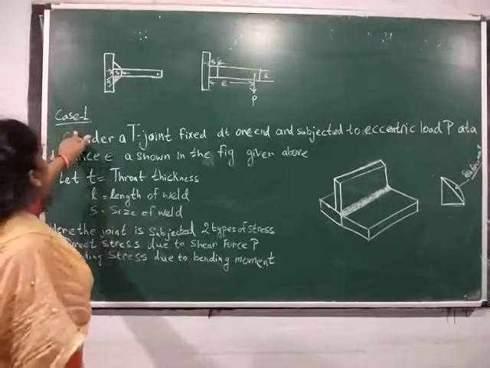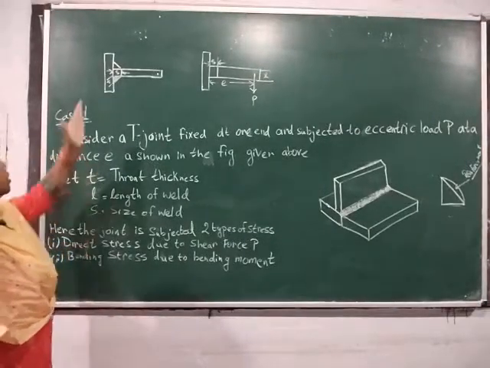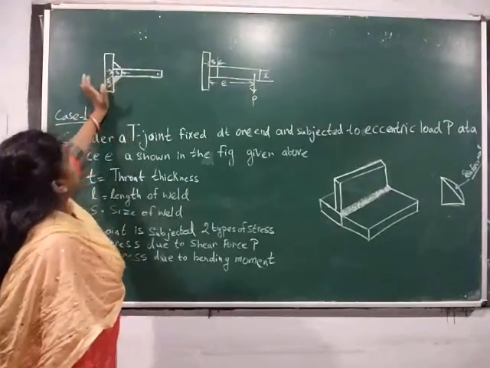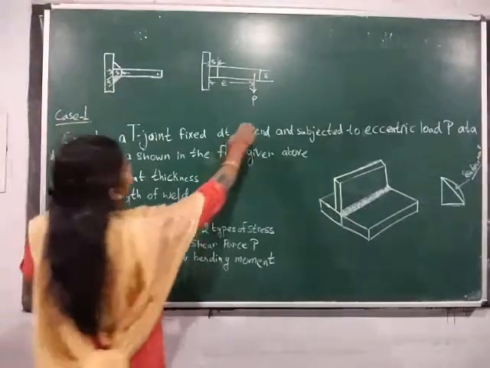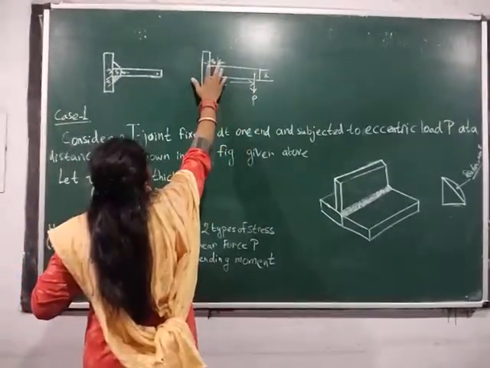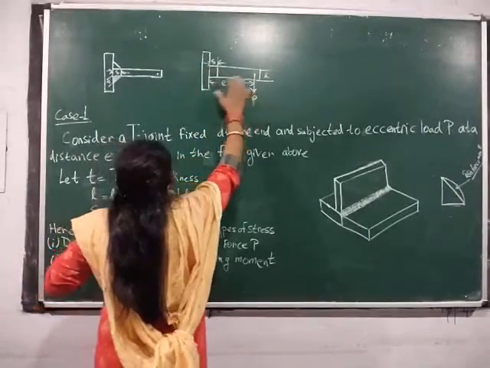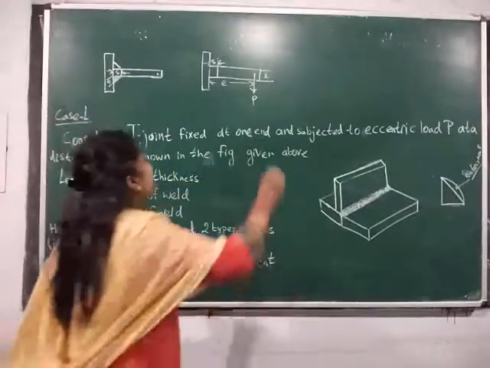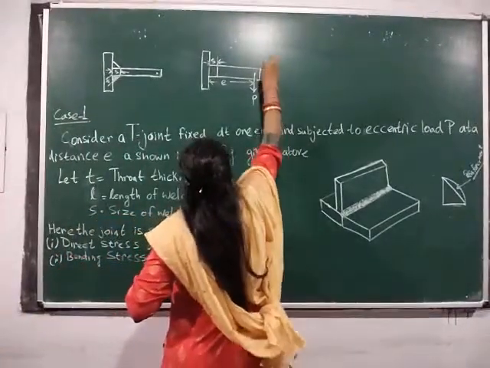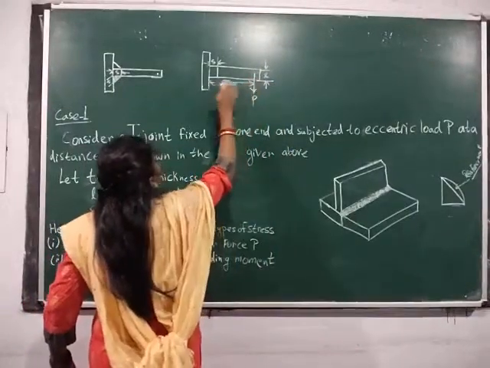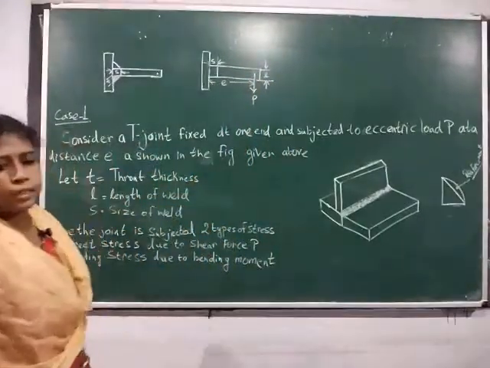In case 1, you can see this is a T joint and the welding is done here. The eccentric loading P is there, and the weld has a size of S and a length of L. This is the eccentric load P, and this is your eccentricity.